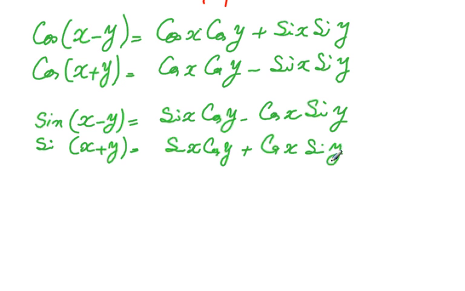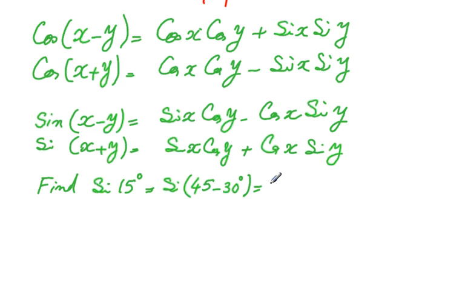Now, just as last time, the simplest examples we can give for these things are: find sine of 15 degrees. Well, we learned the trick. 15 is the same as, say, 45 minus 30.